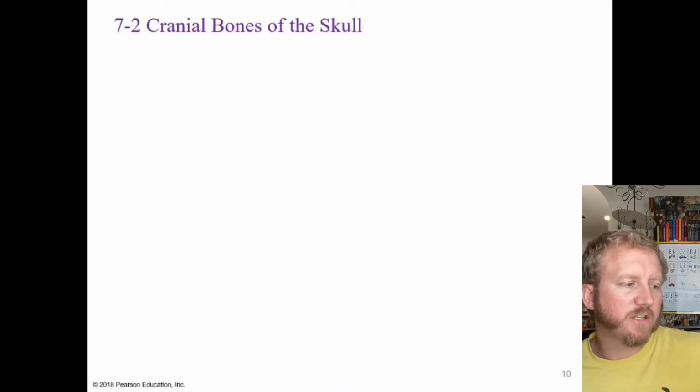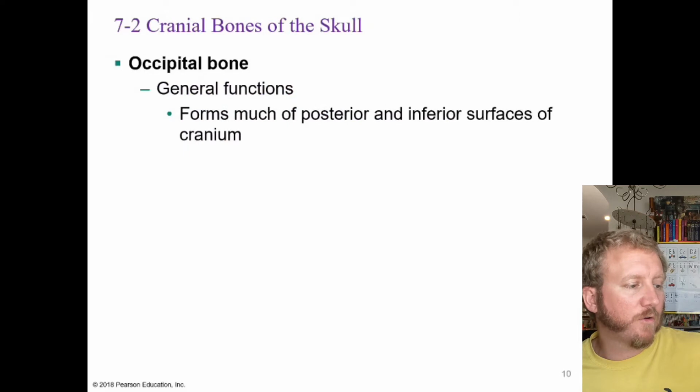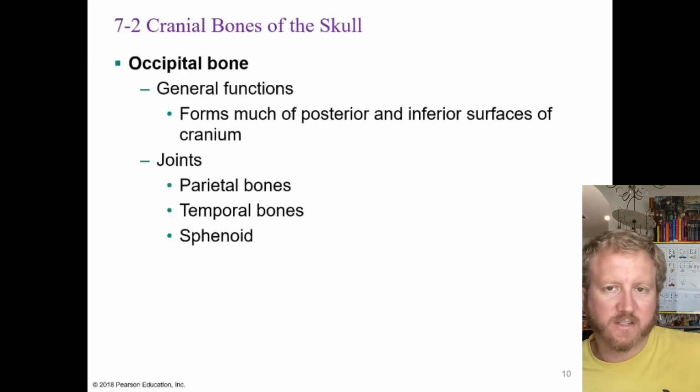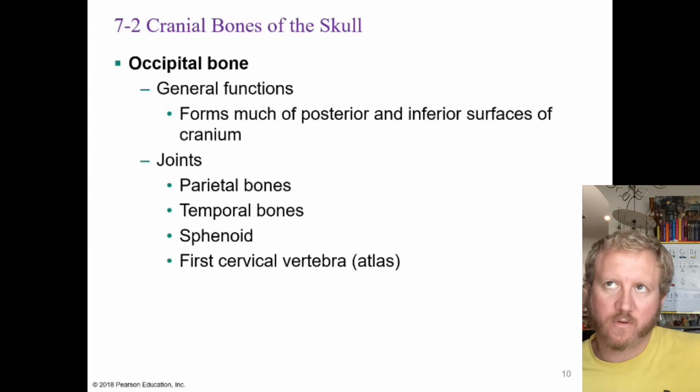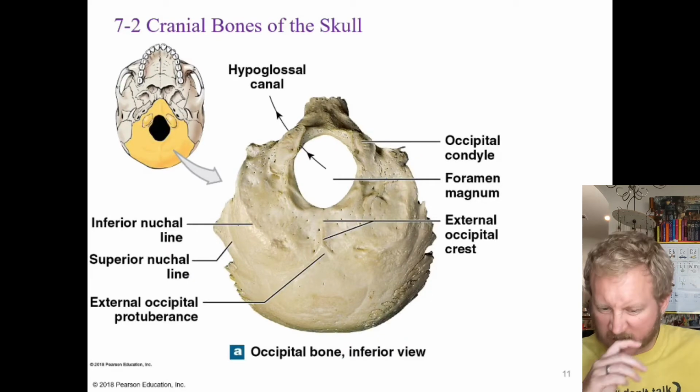The general functions are to form the posterior and inferior surfaces of the cranium, and it's joined with the parietal bones, the temporal bones, the sphenoid, and the first cervical vertebrae, which is known as the atlas, and we'll talk about that in just a little bit.